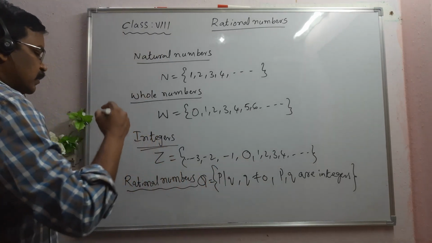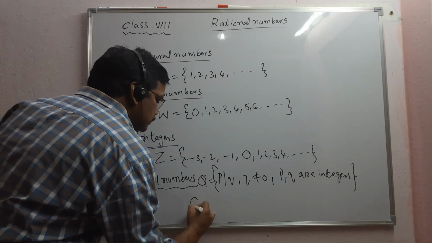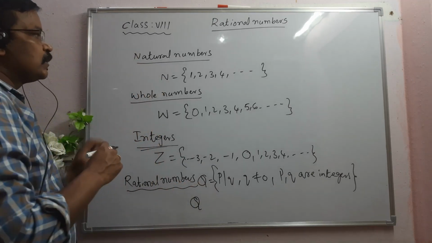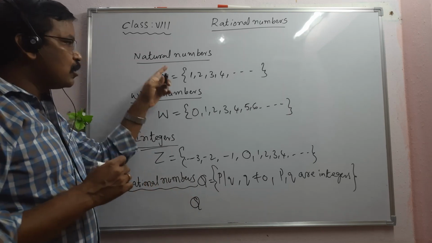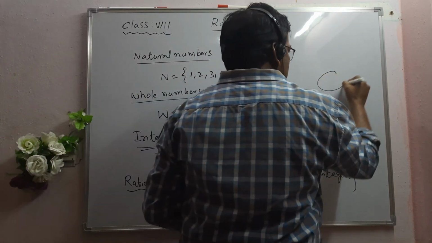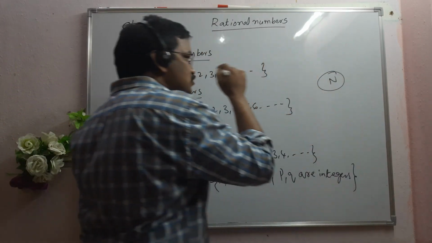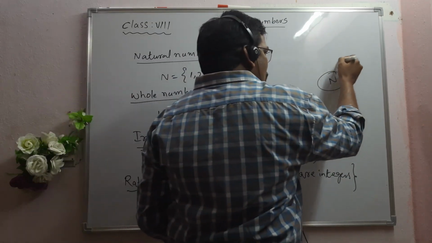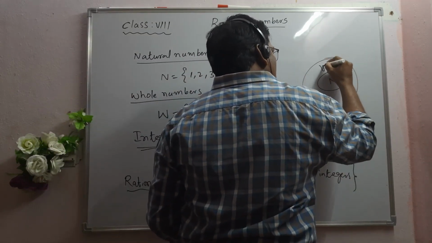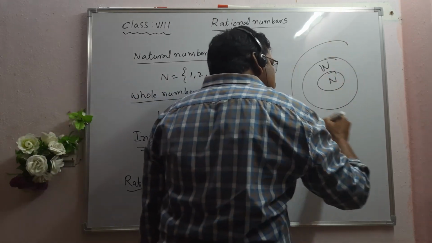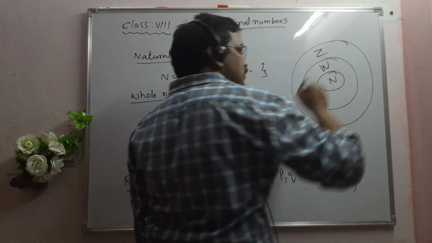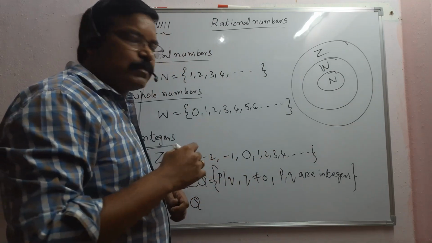See, in the rational numbers, all the natural numbers are rational numbers. Similarly, all the whole numbers are also rational numbers. And all the set of integers are also called what? Rational numbers.